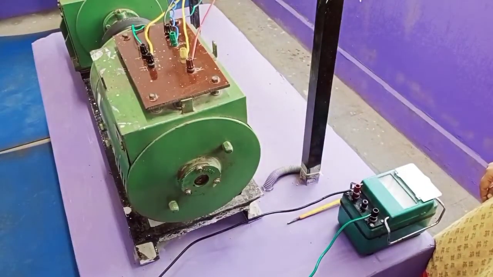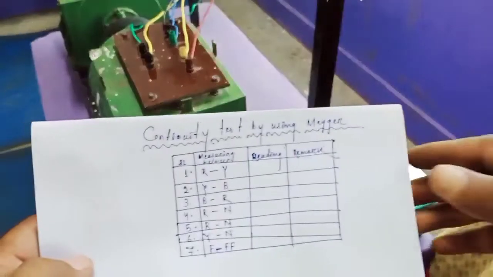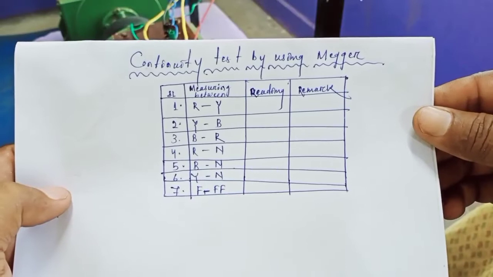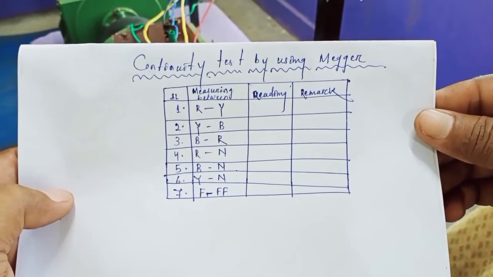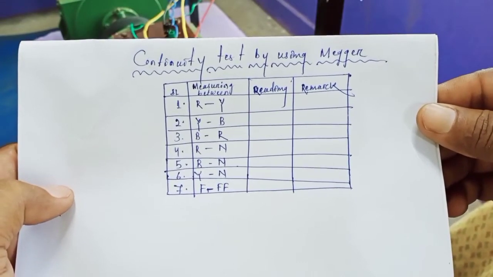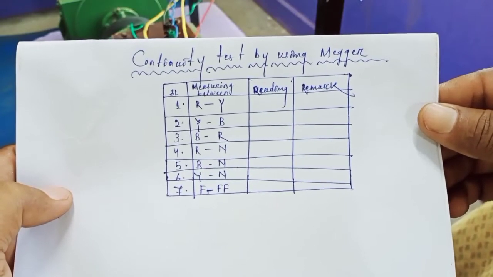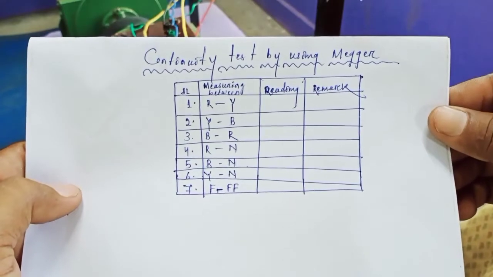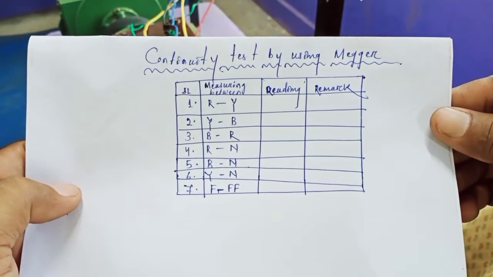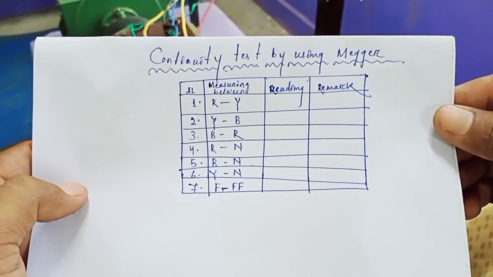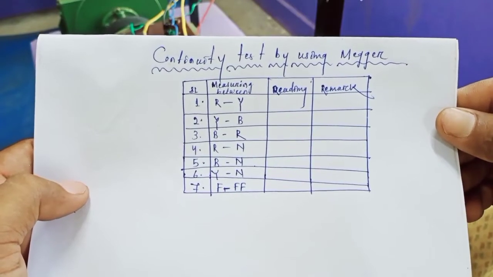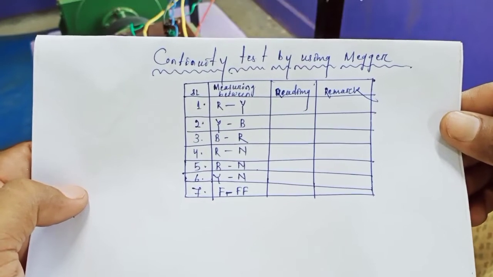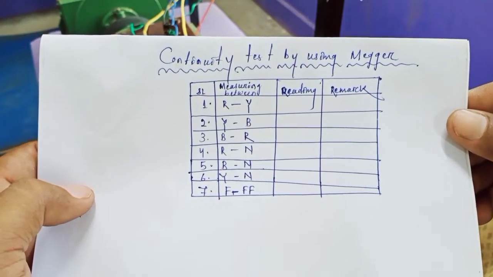So we have to prepare a table. This is your table, for the continuity test. The first column is the serial number and the second column is the measuring between the terminals, that is, terminal R to Y, second Y to B, third B to R, and so on.